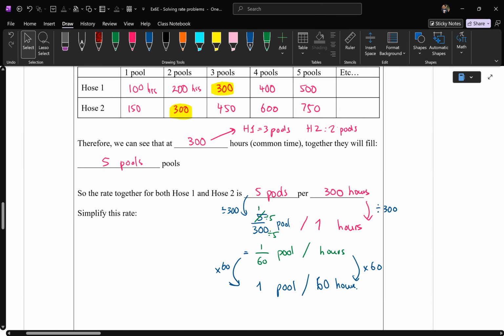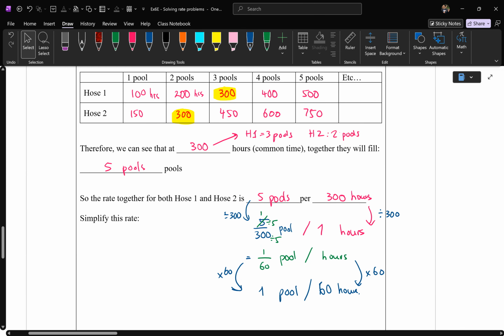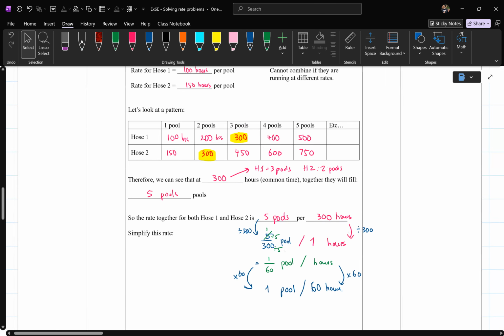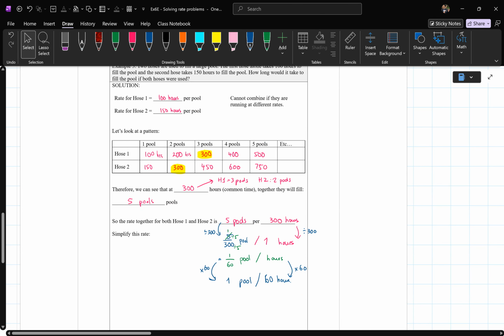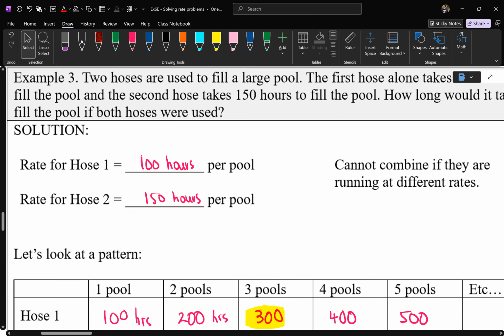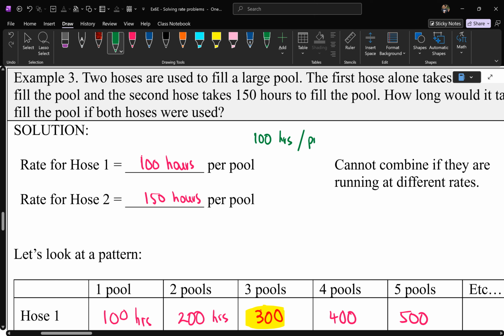All right, so we had one pool per 60 hours, and that was one way of doing it. So that was one way to look at the common rate or common time. But there was a quicker way, and there's formulas for it. For me, the logic was here. First one was 100 hours per pool. So if you actually wrote it out, it's 100 hours per pool.